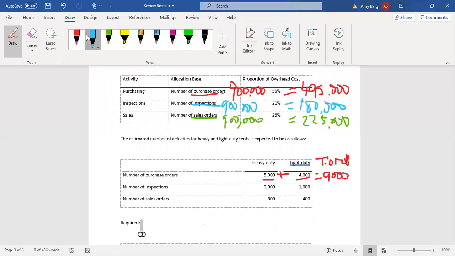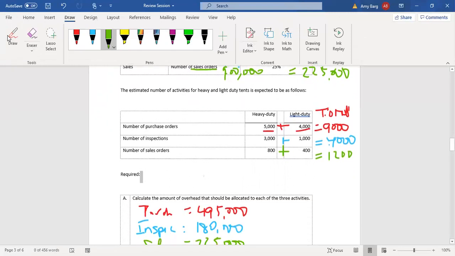And then if we do the same for the number of inspections, we know that we're expecting roughly 4,000 inspections. And for sales orders, we should get roughly 1,200. So now we have all the information we need to do B down here.